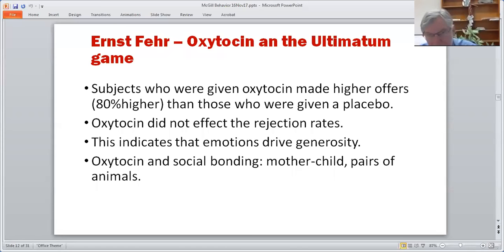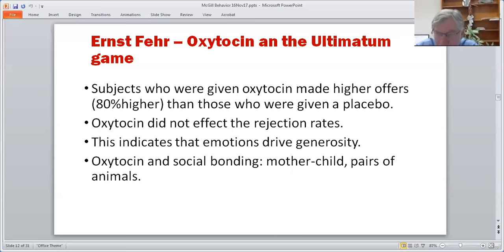Okay, related to that, there's an economist, Ernst Fehr, at the University of Zurich, and he played the Ultimatum game with one group given oxytocin, which is a neurotransmitter. It's important in social bonding, like mother-child pairs of animals and so on.